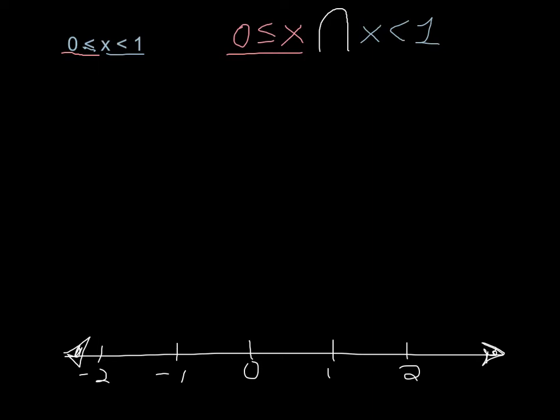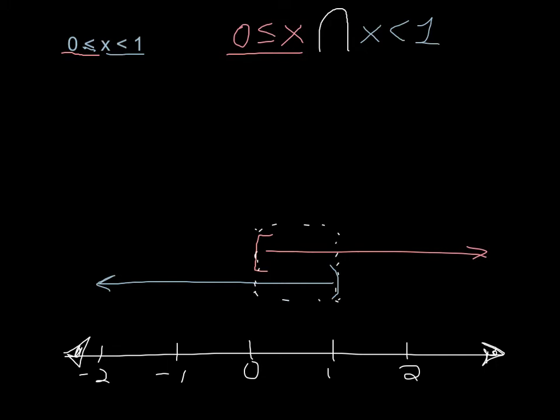This time we're going to have to use a square paren because it includes 0, and less than 1, so that's a round paren, going left. Then, when we combine these with the intersection, that means we just take the parts that are overlapping. So we have 0, and we have 1, and then we just color what's in between them.